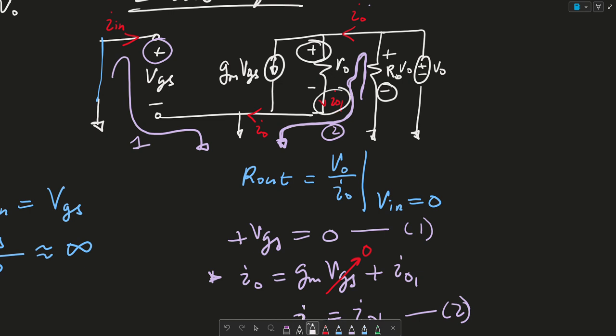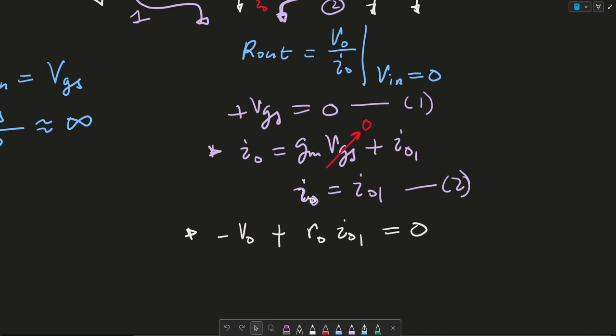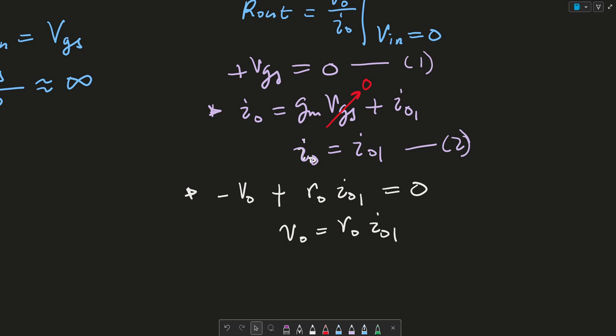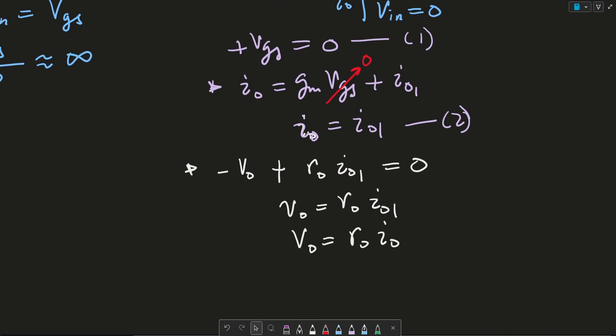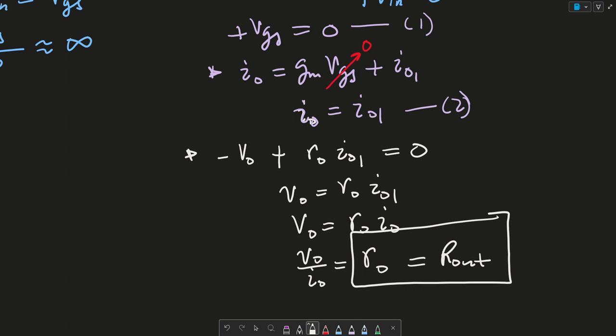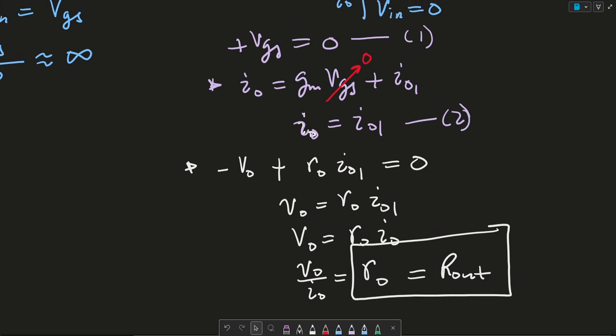We can solve for VO and say that VO is equal to RO IO1. And we know that IO1 is equal to IO. So VO is equal to RO IO. As a result, VO over IO is equal to RO, and this is equal to Rout. So the output impedance or the output resistance of this common source NMOS is RO.